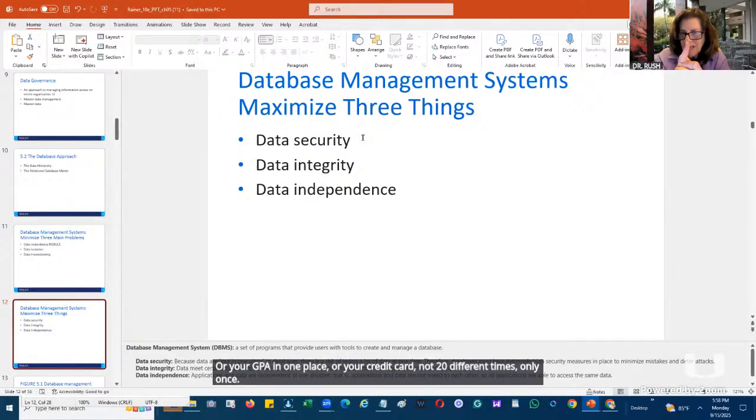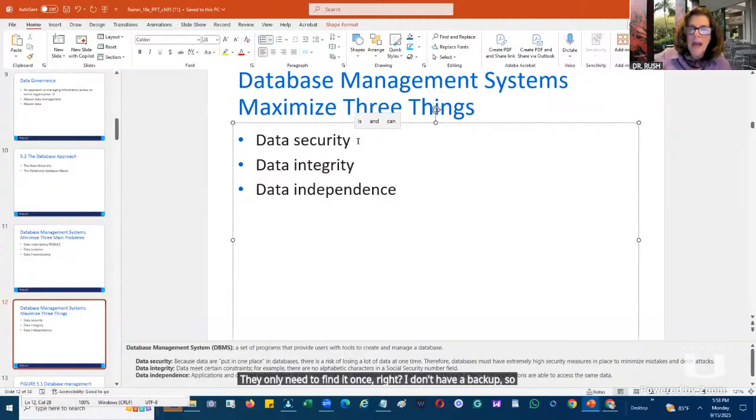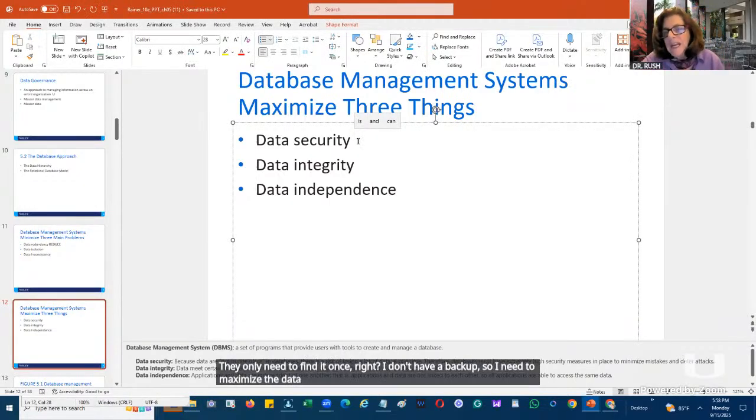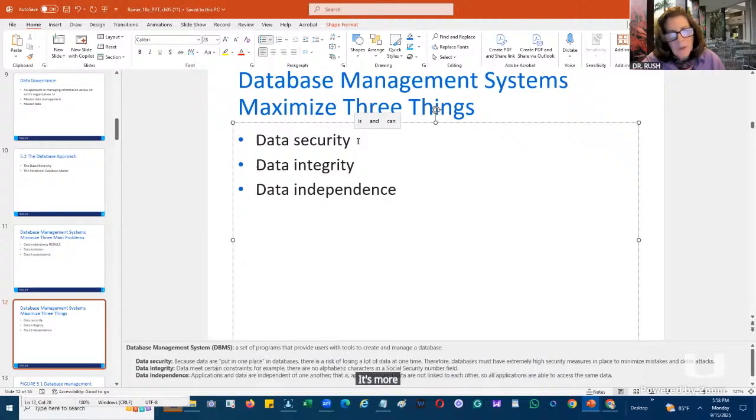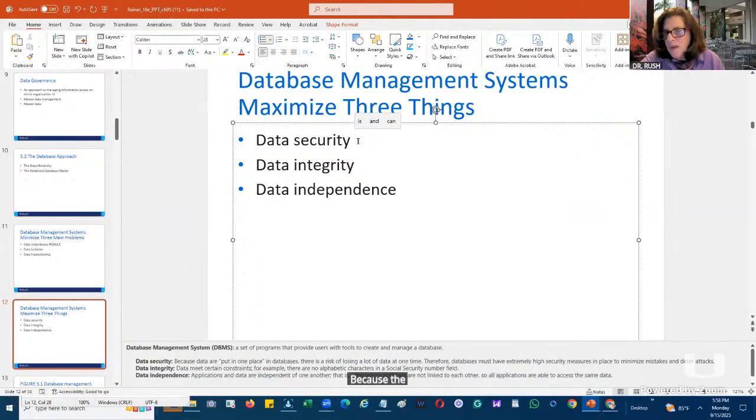Do you understand? What happens if somebody hacks the database? They only need to find it once, right? I don't have a backup, so I need to maximize the data security. It's more vulnerable. Put it in your notes that the database is going to be more vulnerable because the data is stored in one place. And you don't have as many copies, so we have to worry about it.